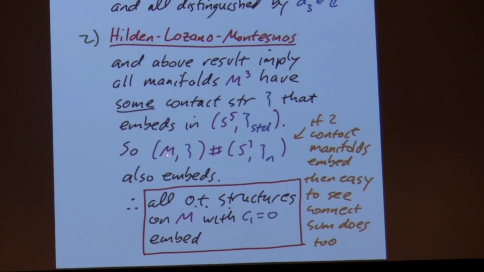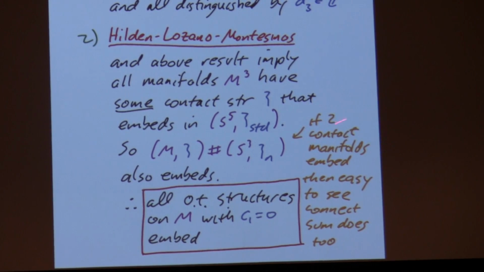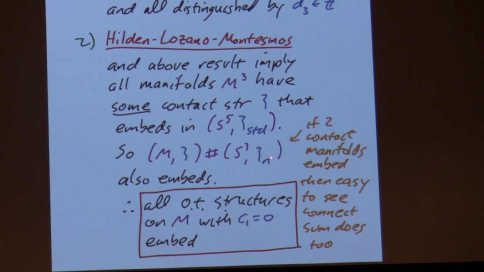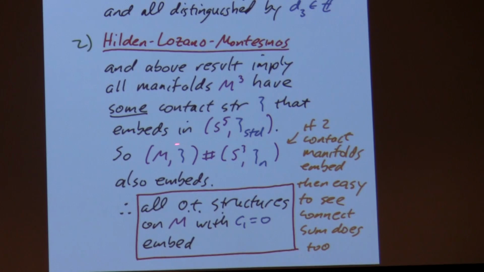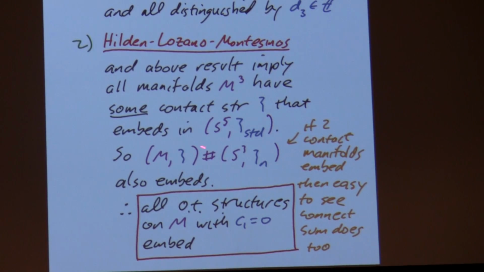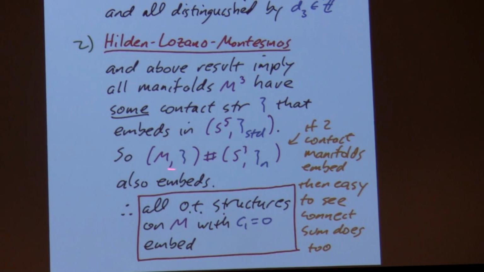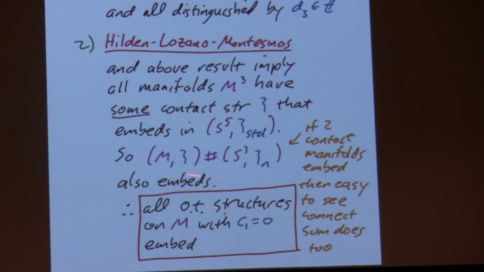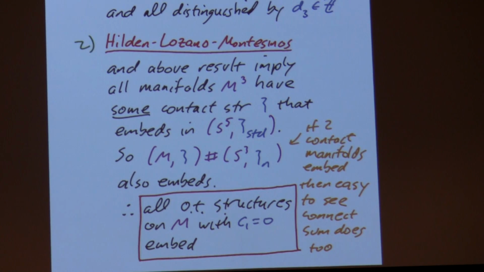And therefore, by doing ambient connect sums with the S3s, I wind up realizing all d3 invariants for overtwisted contact structures on M. So this embeds all the overtwisted contact structures with c1 equals 0 by this ambient connect sum idea. And remember, I told you earlier we're going to prove that if there's no 2-torsion here, we can embed a contact structure on M into the standard contact structure if and only if c1 is equal to 0. And this is how you do it.